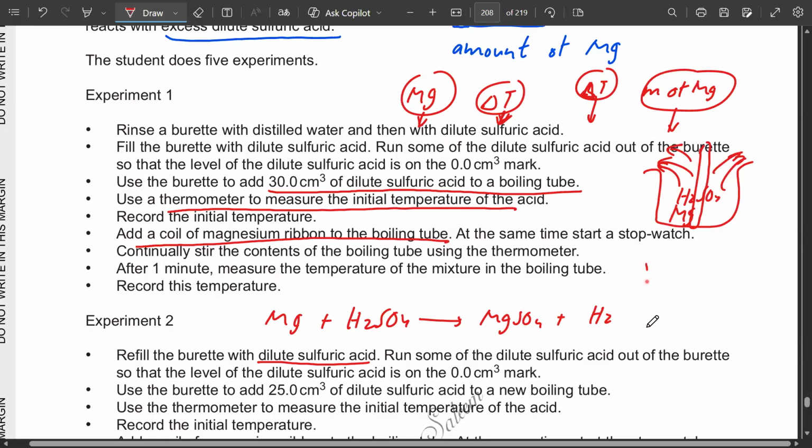Just consider this is a boiling tube, but it is open. Since we are constantly using the thermometer inside of it, we are adding acid and the magnesium ribbon, so it is not closed end, it is basically open end. So being an open end of the boiling tube, there are very high chances the heat energy will also be dissipated. It will be wasted. In a sense, heat is lost. So what can we do here?